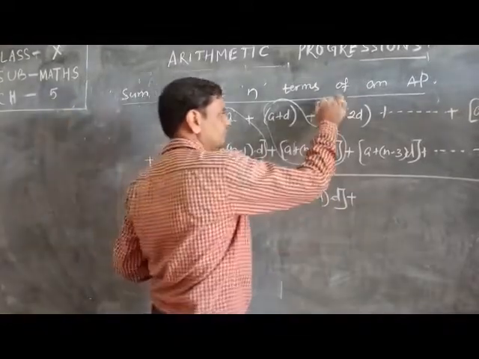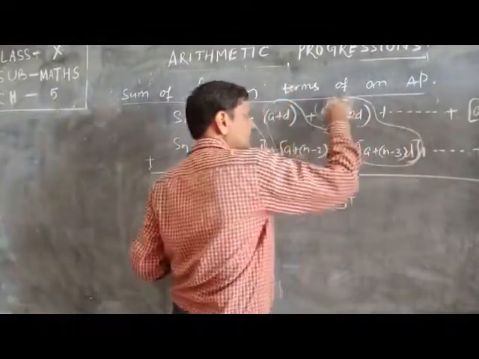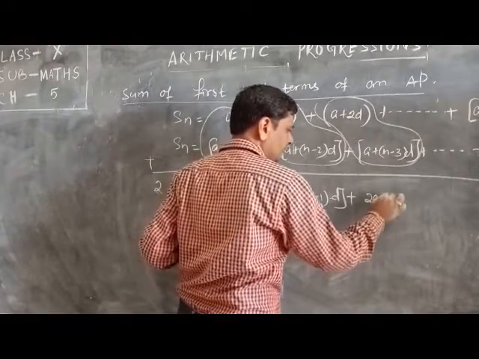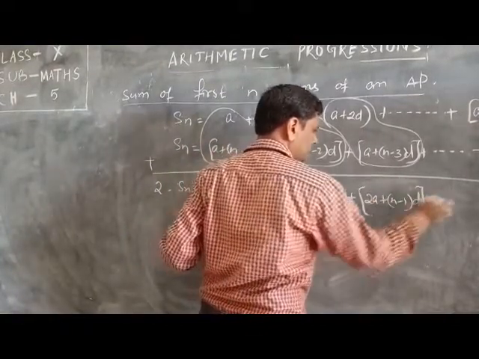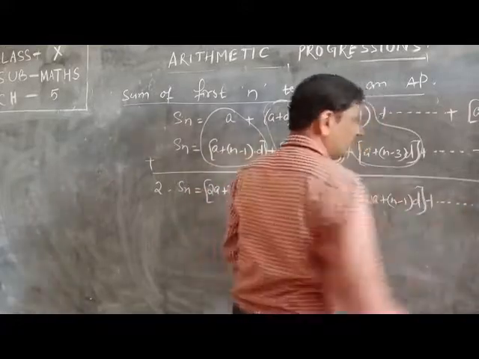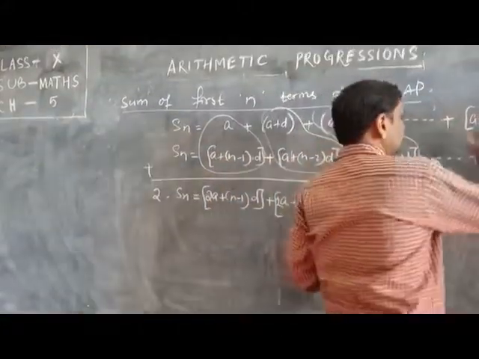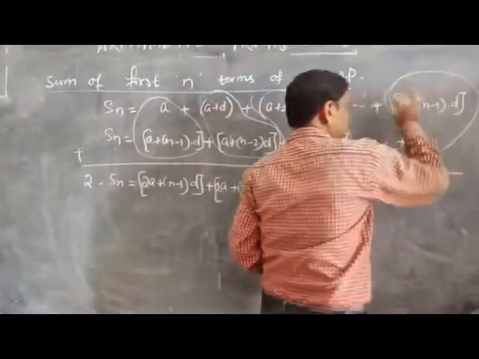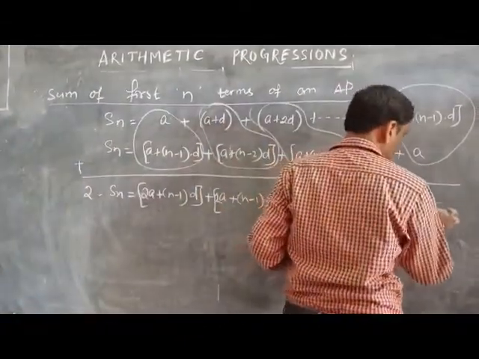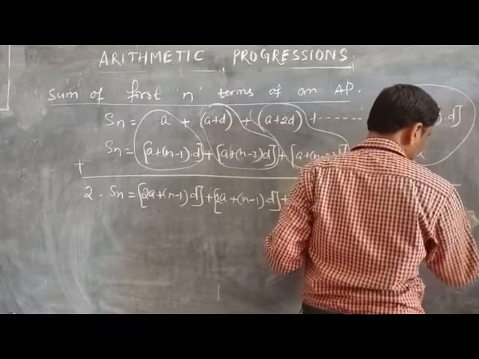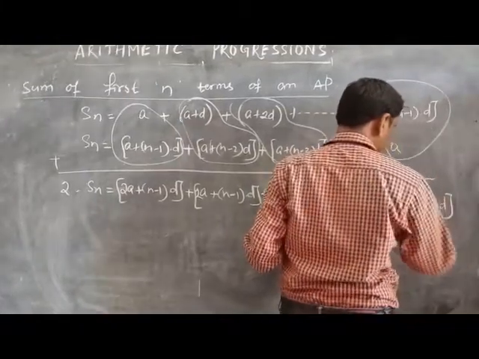When we add these two terms, also we get 2a plus n minus 1 into d. In this way, when we add the nth term and first term of these two APs, we also get 2a plus n minus 1 into d.